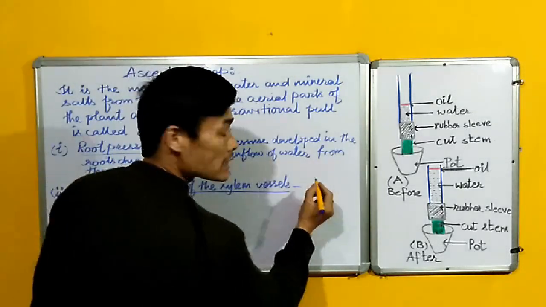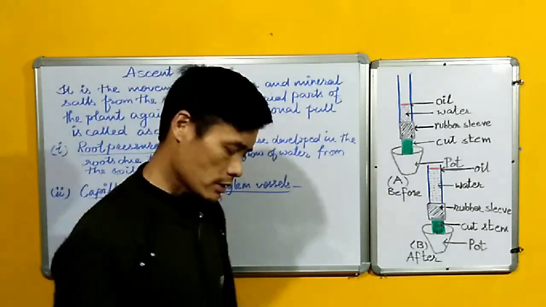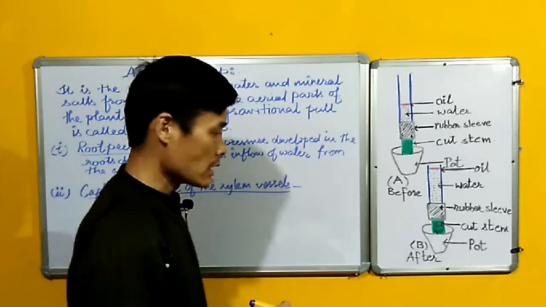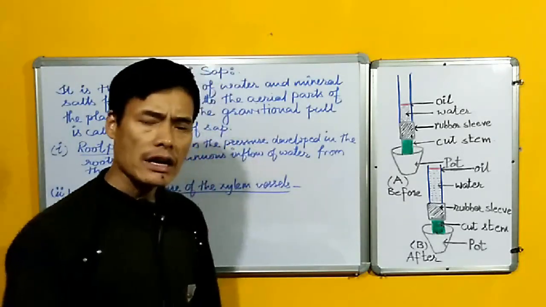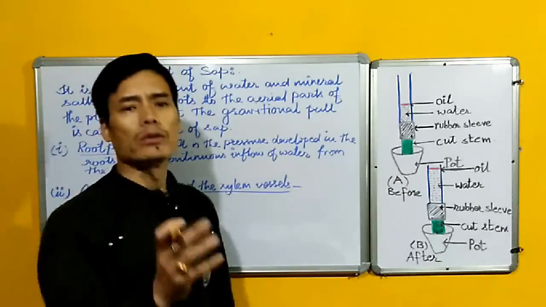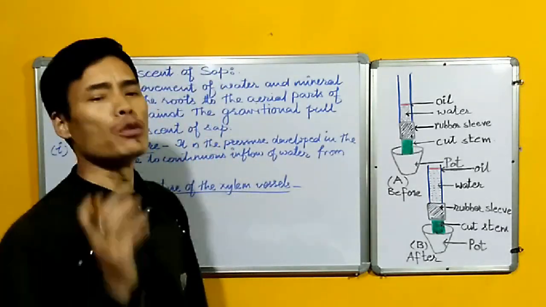As we all know, the xylem is the conducting tissue for the raw materials, that is the water and the minerals. And these xylems are composed of very fine tubules which act as capillary tubes.